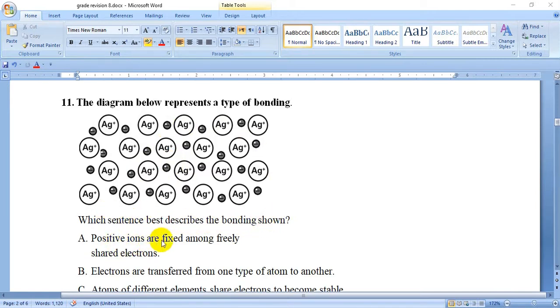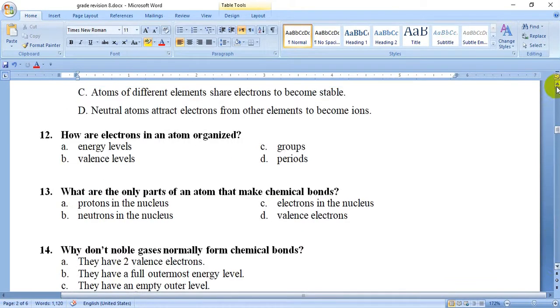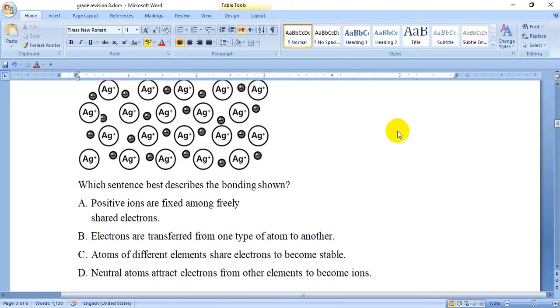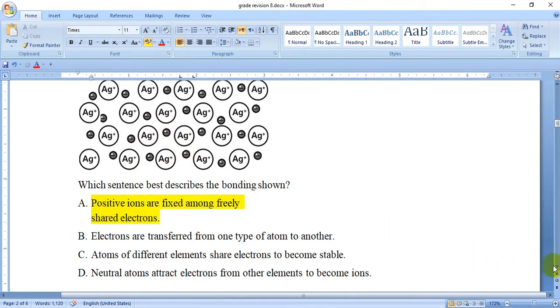That positive ions are fixed among freely shared electrons, or electrons are transferred from one type of atom to another, or atoms of different elements share electrons to become stable, or neutral atoms attract electrons from other elements to become ions. The correct answer would be A, because here we have the positive ion for silver and the freely moving electrons, so the answer will be A.